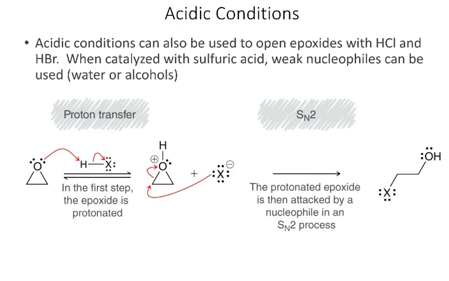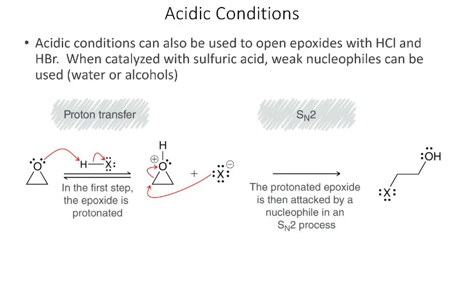So there are kind of 2 types of reactions that we'll see under acidic conditions. One, when reacting these with HCl and HBr, the Cl- and the Br- are actually good nucleophiles, but because of the presence of these being strong acids, these are going to be in acidic conditions, and so the mechanism is slightly different than we saw last time. And in fact, the steps are backwards from what we saw before, right?